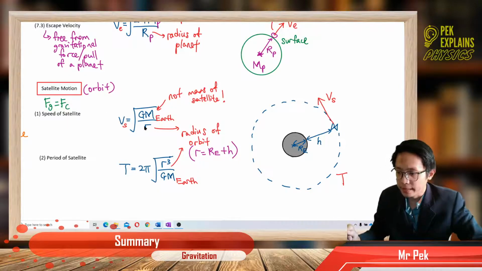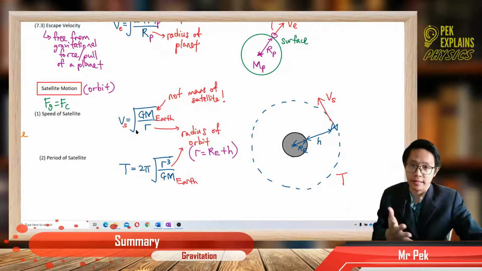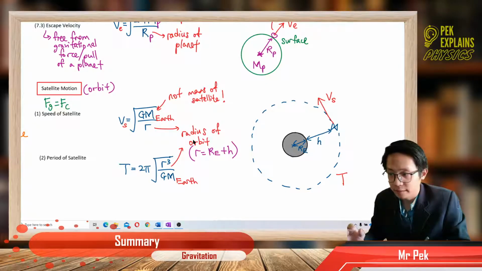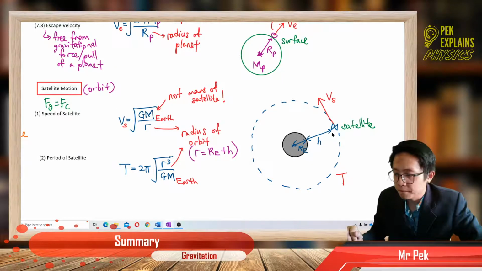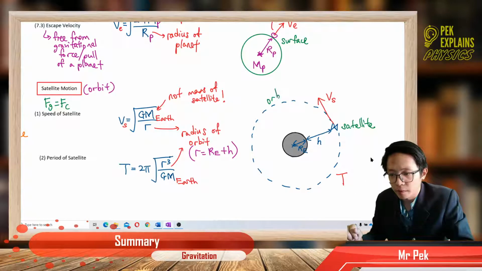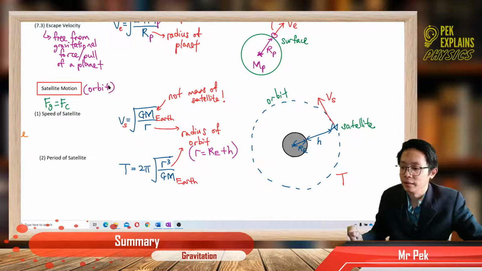Now, where is the satellite? This is our satellite. The satellite is in the orbit. This is called the orbit. So to find the tangential speed of the satellite, we use the square root of GM over r.